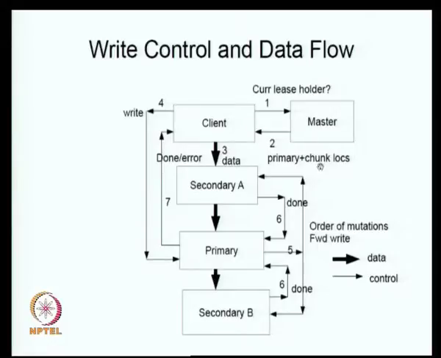It also gives you all the chunk locations of all the replicas. So the client first queries the master to figure out who the primary could be, and the primary is decided by the master. Then, as soon as the client gets it, it starts pushing the data immediately.